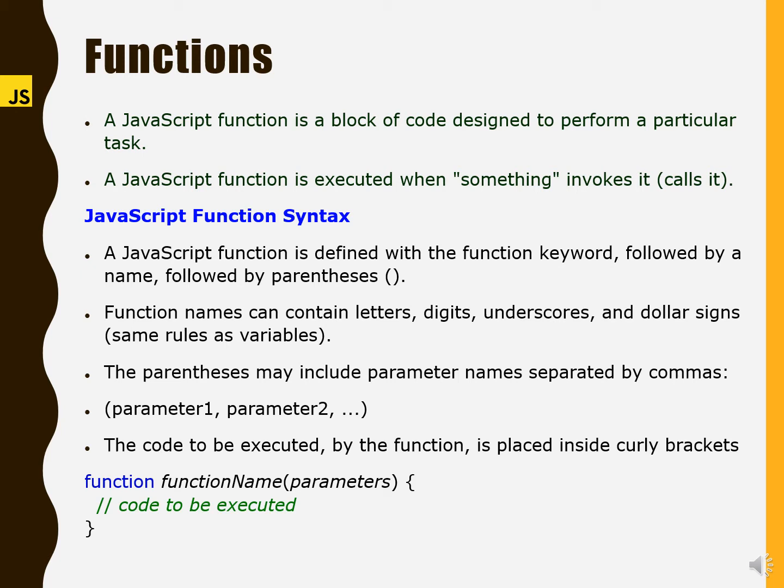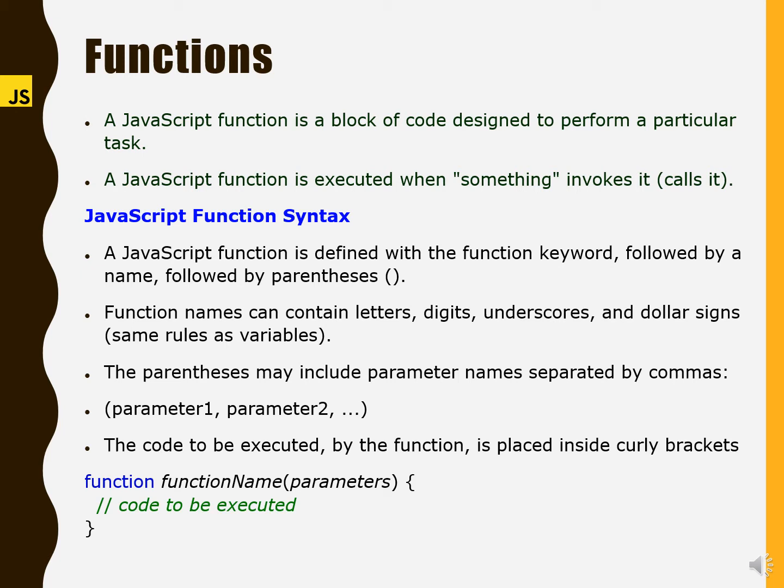Now we can see what the function syntax in JavaScript is. A JavaScript function is defined with the function keyword, followed by a name, followed by parentheses. So in JavaScript the function is defined with the keyword function followed by a function name.